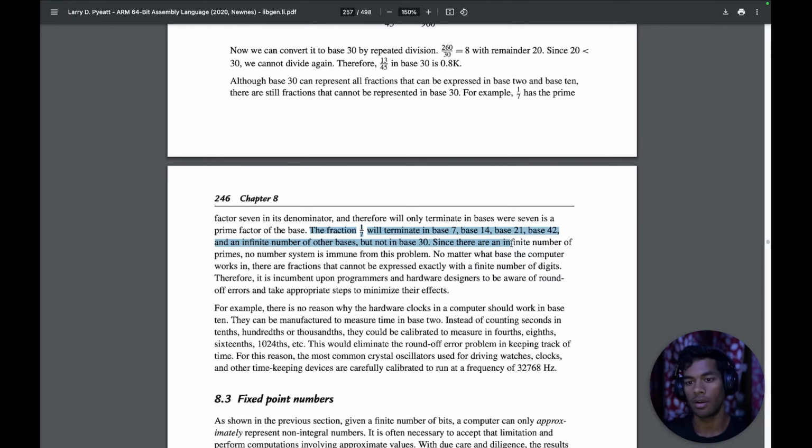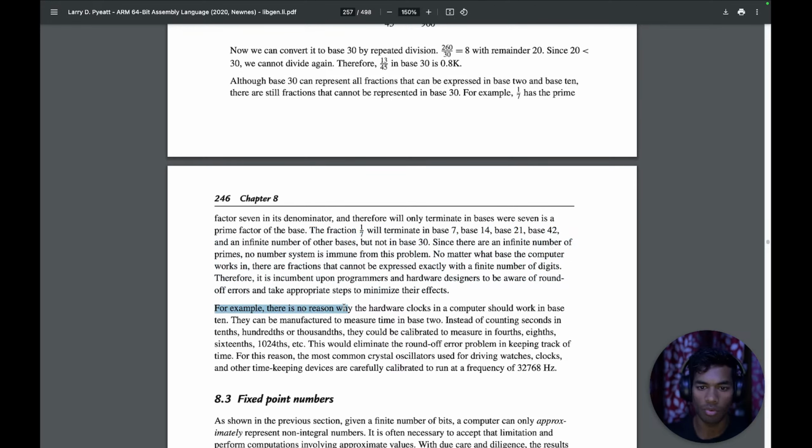Since there are an infinite number of primes, no number system is immune from this problem, no matter what base a computer works in. There are fractions that cannot be expressed exactly with a finite number of digits. Therefore, it is incumbent upon programmers and hardware designers to be aware of round-off errors and take appropriate steps to minimize their effects.